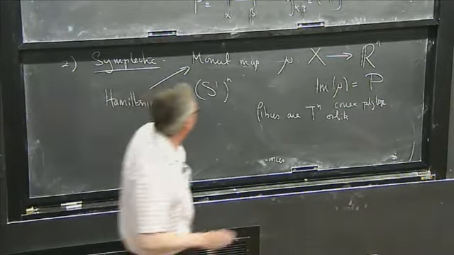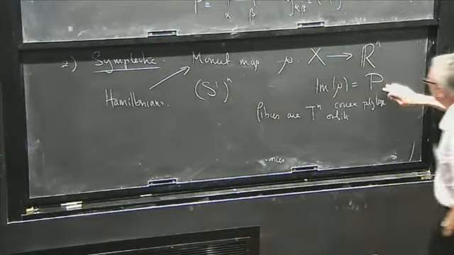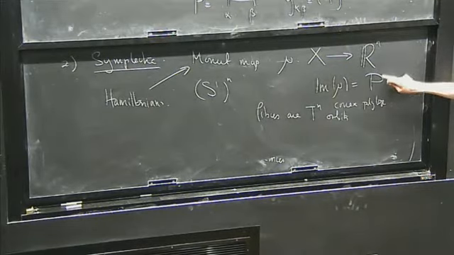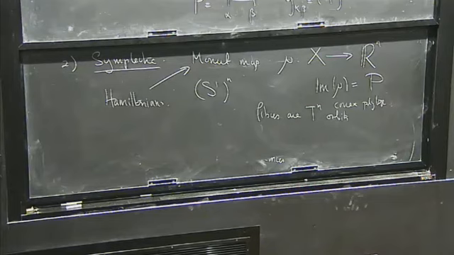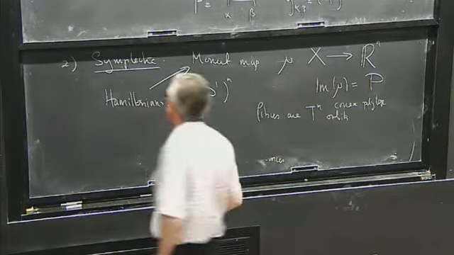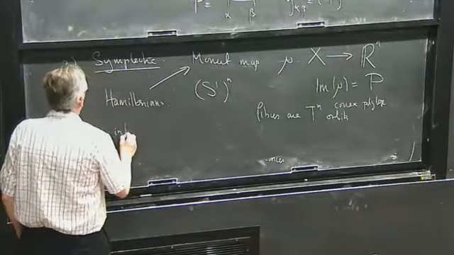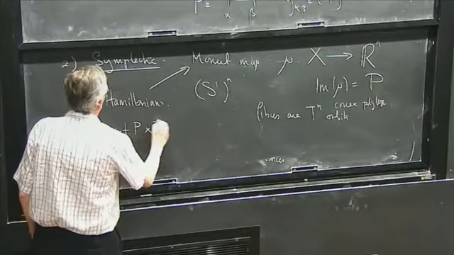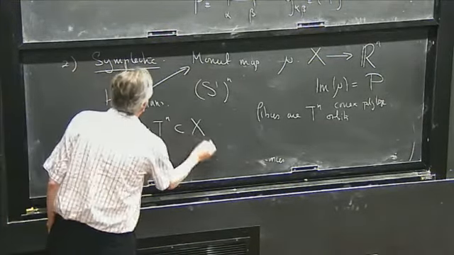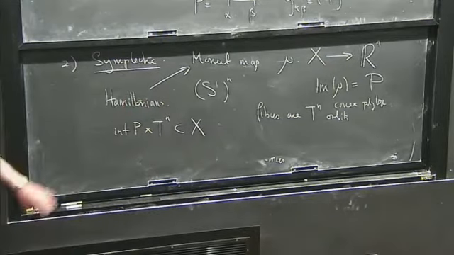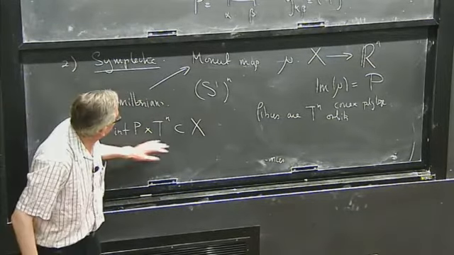What happens then is that over the interior of P, I'm using the notation that P means the closed set, over the interior of P corresponds to the free T^n orbits.